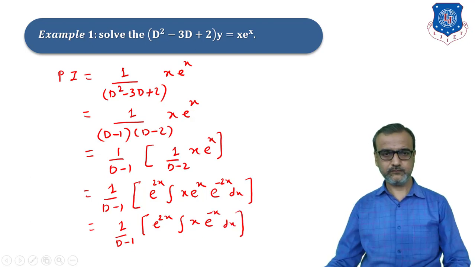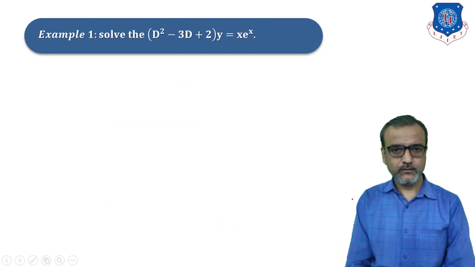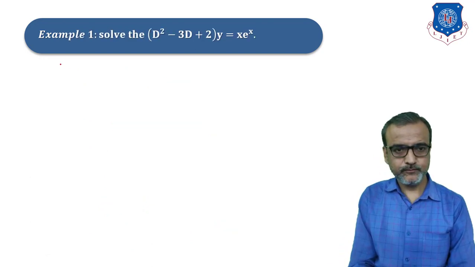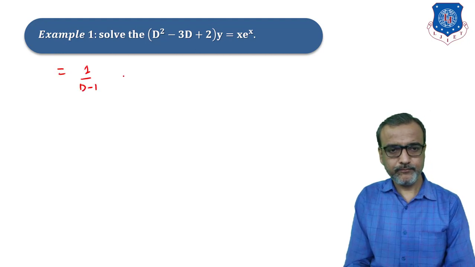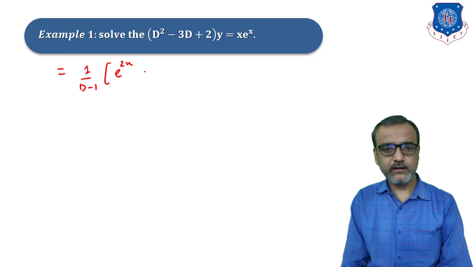So this equals 1 upon D minus 1, into bracket e raised to 2x. Now we will integrate x e raised to minus x by applying the Bernoulli formula. x will be as it is. Now the derivative of x is 1.